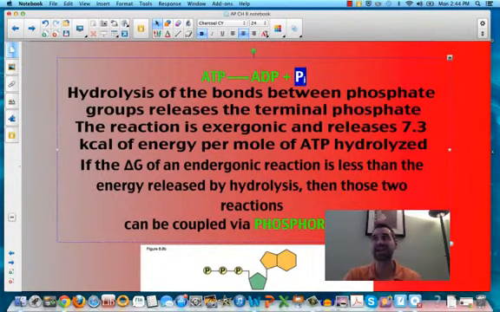The P sub I is indicative of the inorganic phosphate group. It's not attached to any organic molecule.